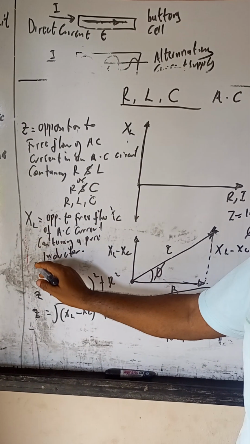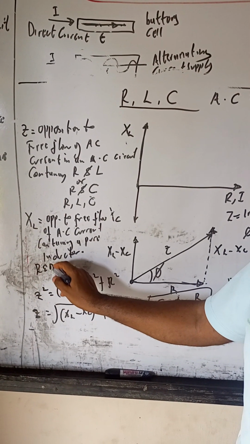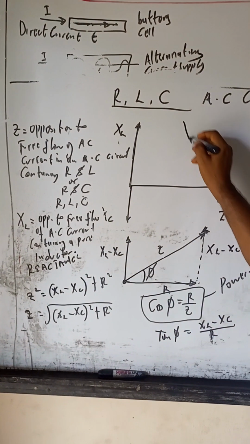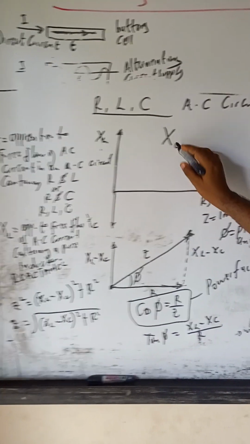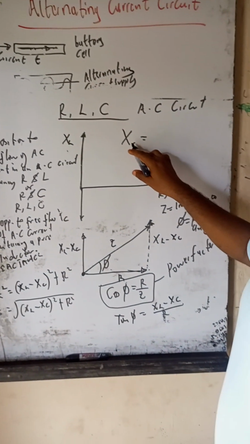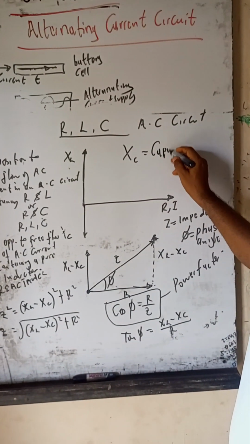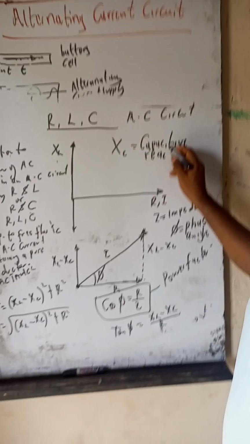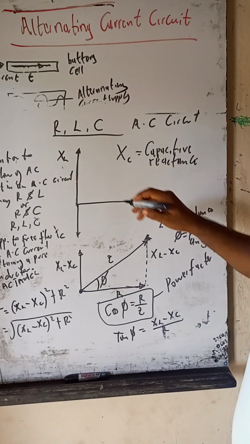So it is called reactance. The same thing is applicable to the capacitor. The opposition that the capacitor offers to the free flow of alternating current is also known as capacitive reactance.